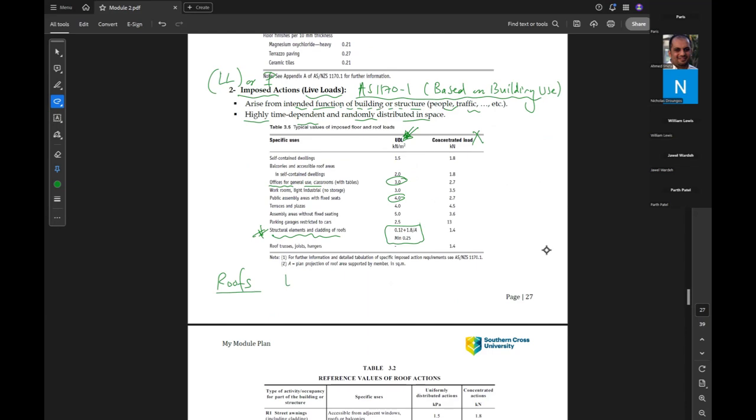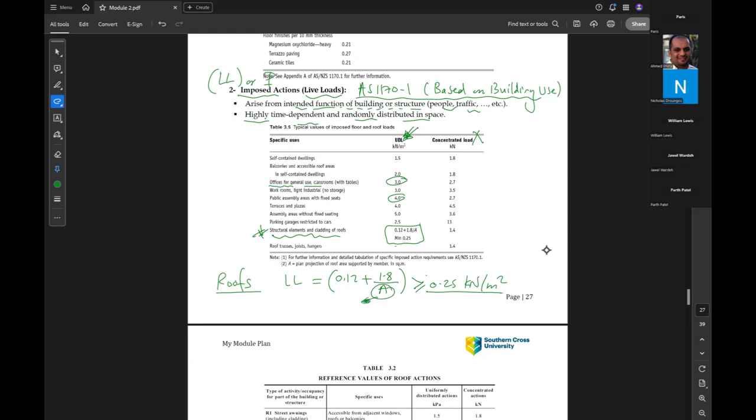The live load will be 0.12 plus 1.8 over A and should be greater than or equal to 0.25 kilonewton per square meter. What is A?